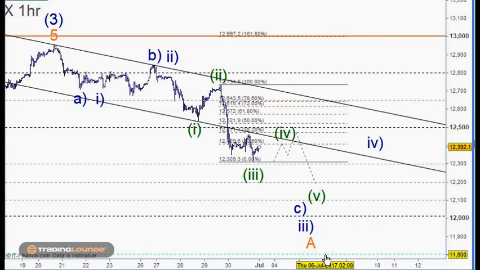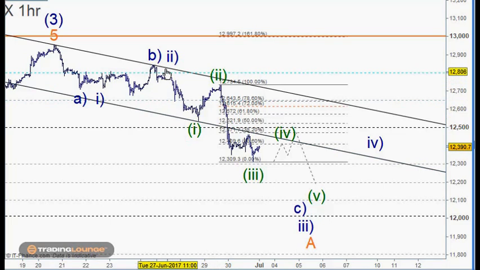Our main point really is to trade short down to this 5th wave. Now, looking at wave 1, wave 2, and then wave 3, the wave 3 moved quite quickly, but it's not a lot bigger than wave 1.